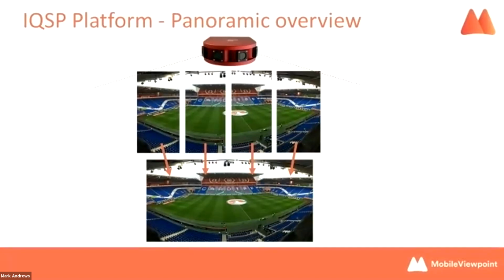IQSportsProducer, what is it? So ultimately, it's a way of doing sports productions, but without the need of a camera crew or director. And we're actually using AI to control the camera, the movement, and the direction. So how do we do this? So we have a camera. In this slide, for example, we're actually showing our own camera. That's known as the X-Cam.